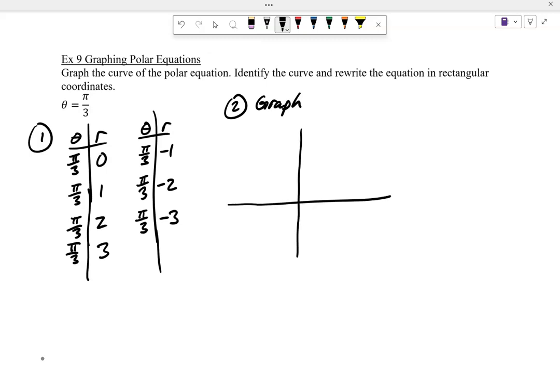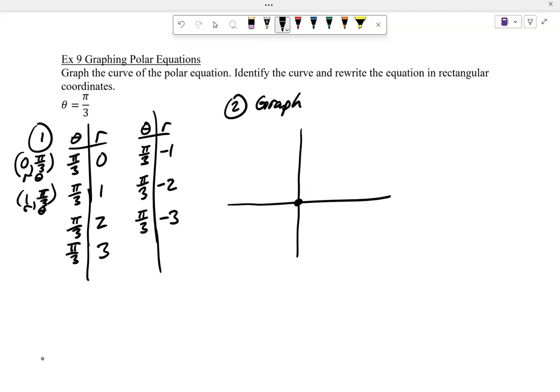All right, so if r is 0, I'm sorry, my rotation is pi/3, but I don't go anywhere, right? No distance from the origin. My next one, again this is (r, theta), is (1, pi/3).